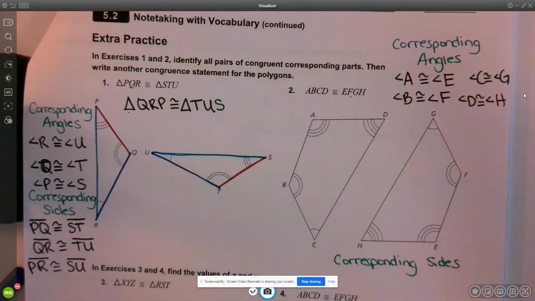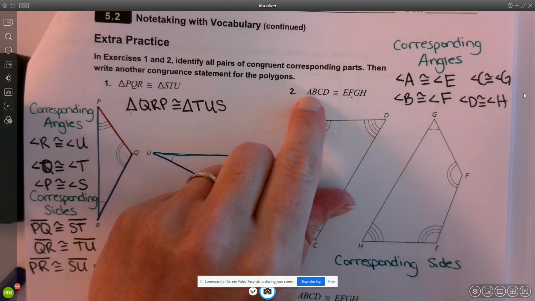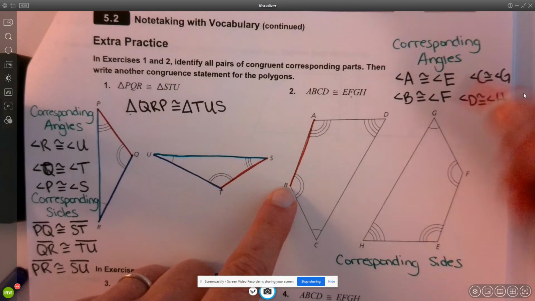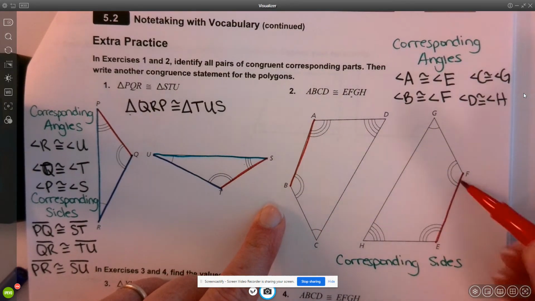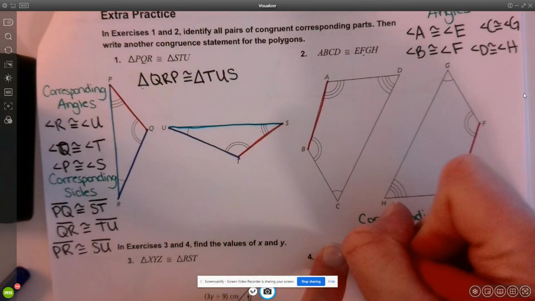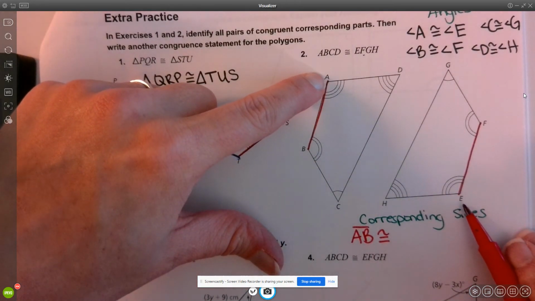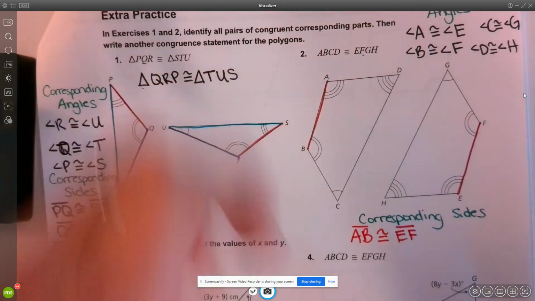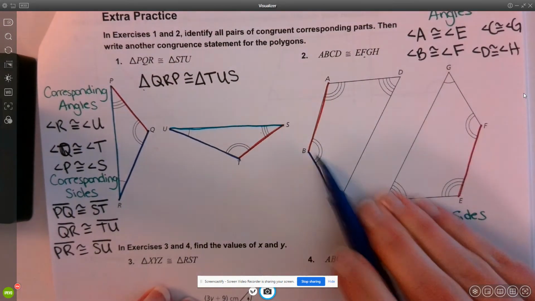Now for the sides, I'll go to side AB first. Looking at the order, it should correspond to side EF. And I can see we've got 3 arcs and 2 arcs, 3 arcs and 2 arcs. Those match. So for my corresponding sides, I'm going to say line segment AB is congruent to line segment EF. We'll do BC next. 2 arcs, 1 arc.